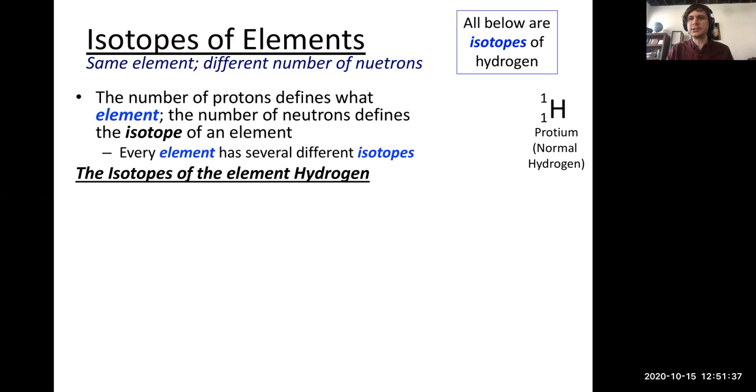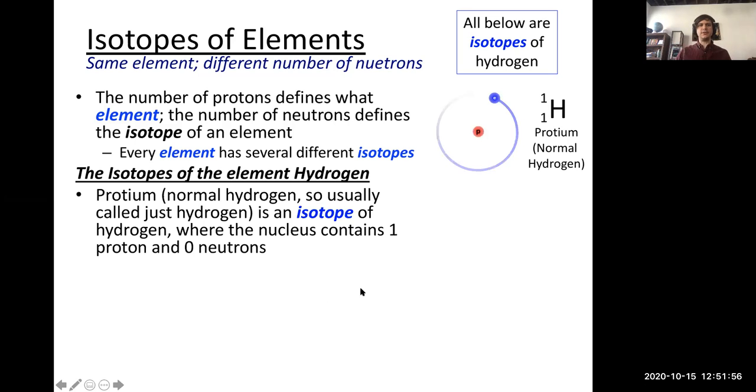I'm going to try to walk us through this. I know I just went through it with carbon, but let's use the simplest example to show some information on the screen. Let's go through some of the isotopes of the element hydrogen. Element number 1, 1 proton in the nucleus. Every time you hear the word hydrogen, you think 1 proton, 1 electron.